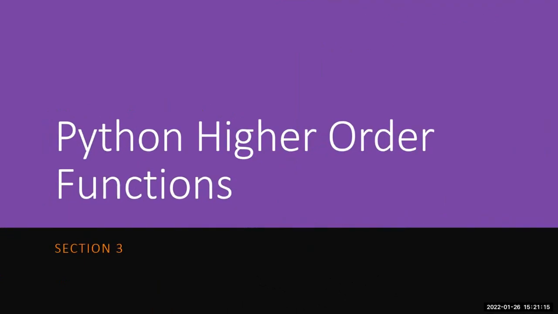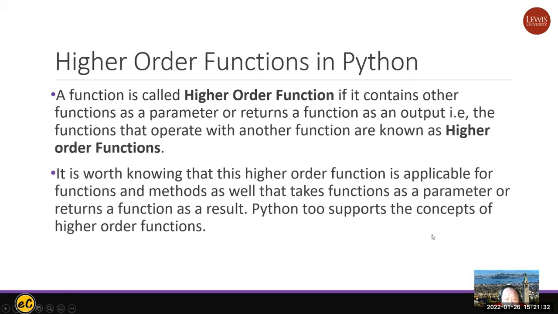Now let's look into each of the functional programming features in more detail. First one, let's look at Python higher order functions. A function is called a higher order function if it contains another function as a parameter or returns a function as its output.